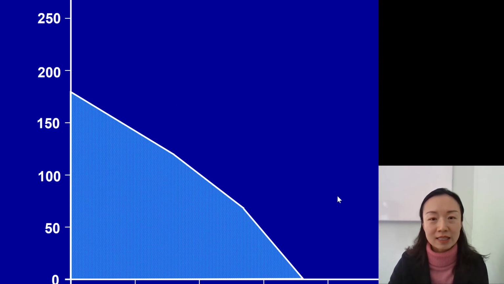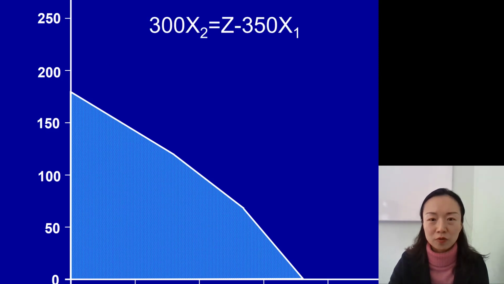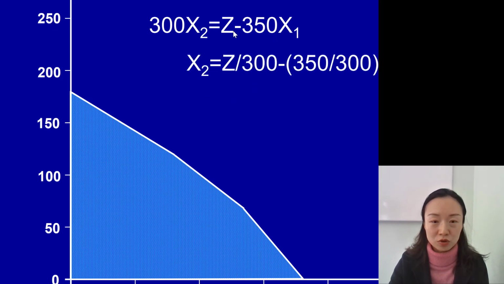Since our coordinate system was drawn using x1 and x2, and x2 is on the vertical axis, let's move x1 to the other side. We get 300x2 equals z minus 350x1. Then let's divide by 300 on both sides. We get x2 equals z divided by 300 minus 350 divided by 300 times x1.